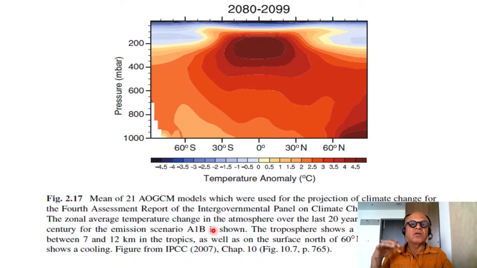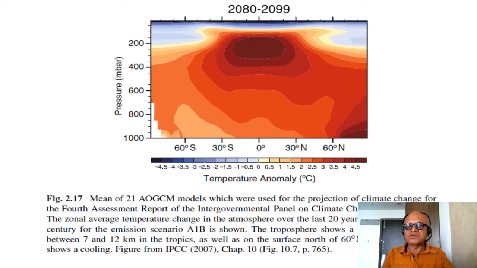In AR5, they were called representative concentration pathways and focused on the radiative forcing resulting, and in AR6 they are called shared socioeconomic pathways, which combine sustainability scenarios with the radiative forcing scenarios.